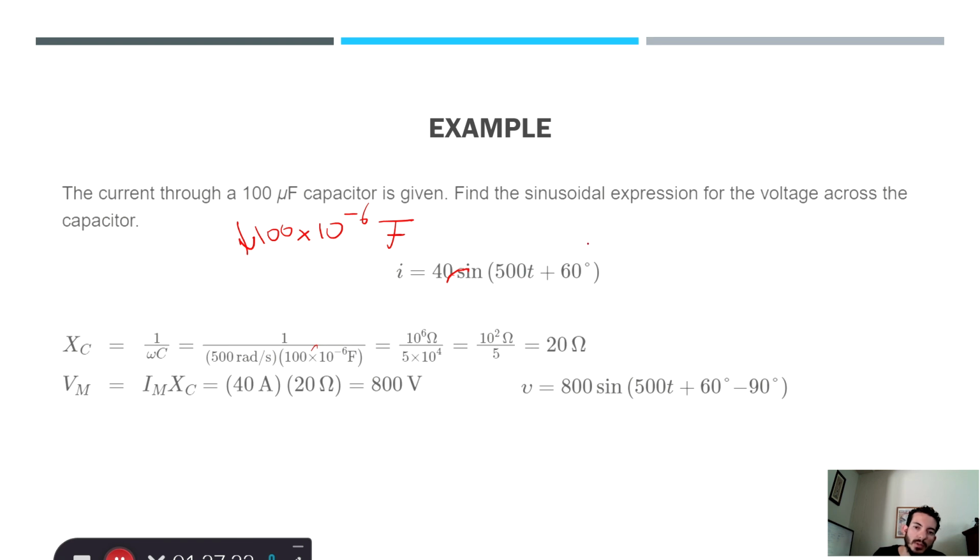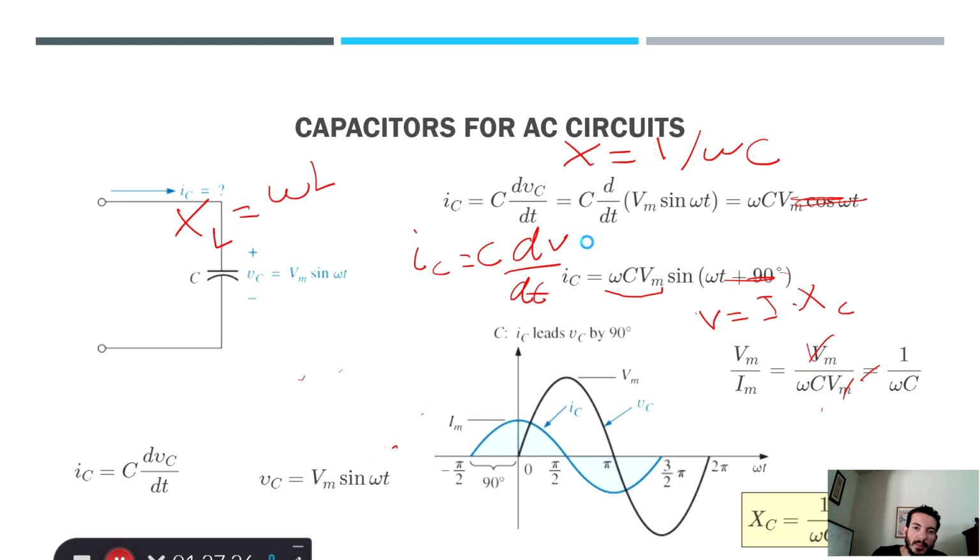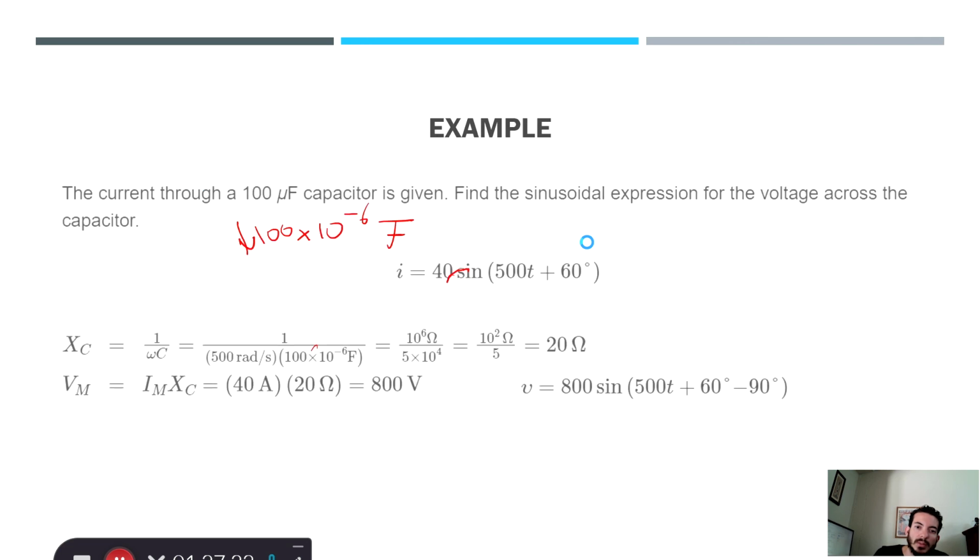So we don't have to do the whole thing again. We know from before that the current is the derivative of voltage with respect to time. Oh, I'm sorry, I said it wrong.